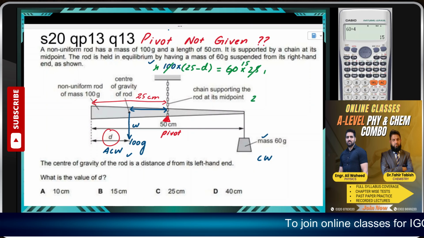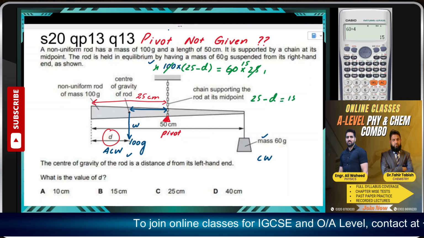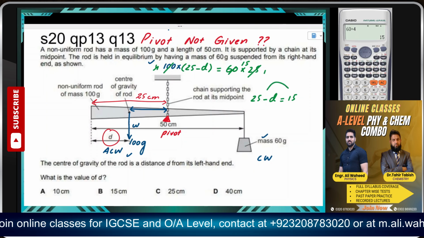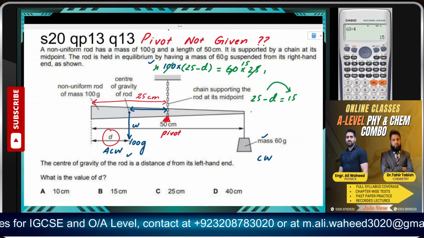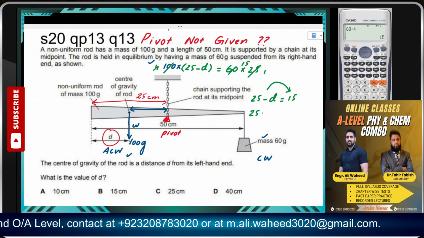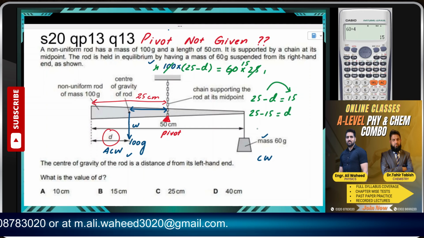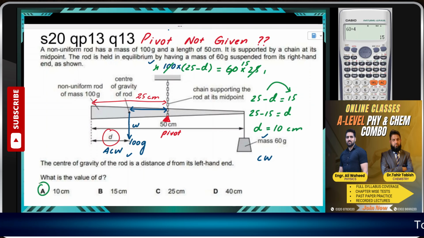What are we left with? 25 minus d equals 15. Let's take d to the other side so it becomes positive, and we bring 15 to this side, and it is subtracted. So 25 minus 15 would be 10 centimeters, which is option A.